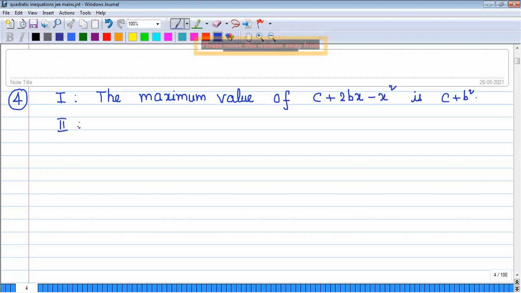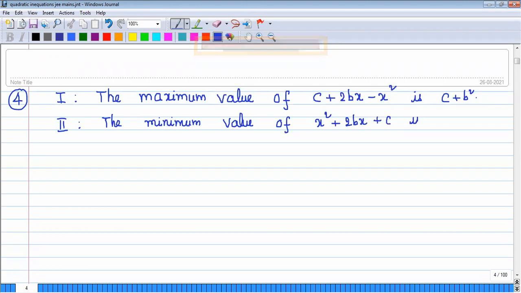Second statement, the minimum value of x square plus 2bx plus c is c minus b square.